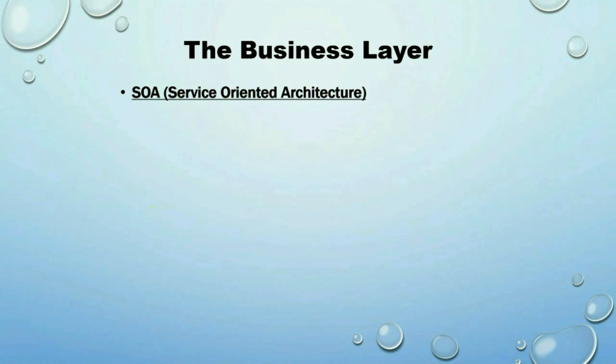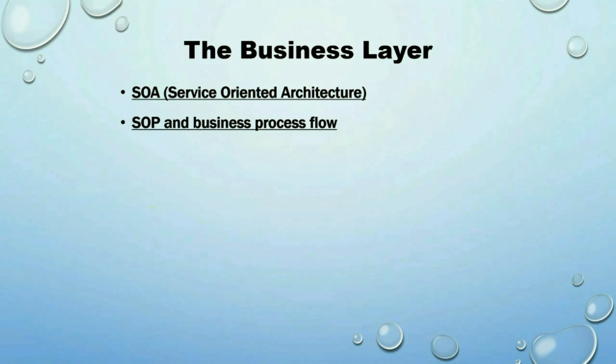The second item at the business layer is about how people work. And we need to look at two items here. First is how individuals work. Second is how individuals work together. And the first one, how individuals work, is defined generally by SOP, Standard Operating Procedure.